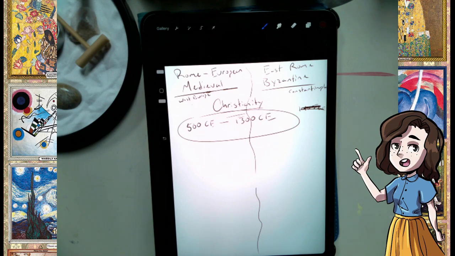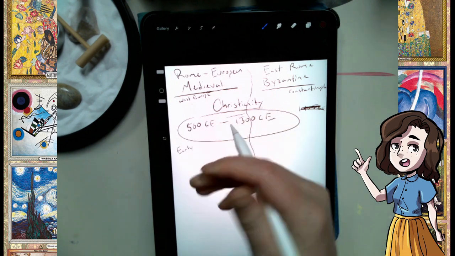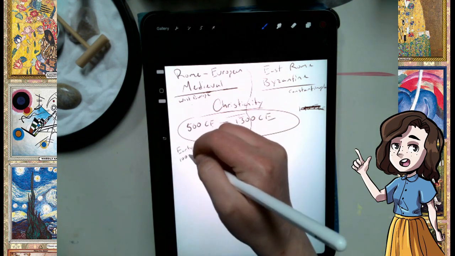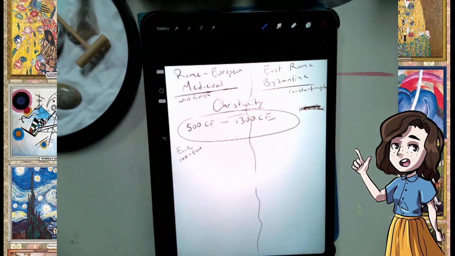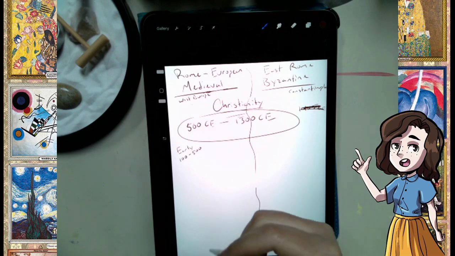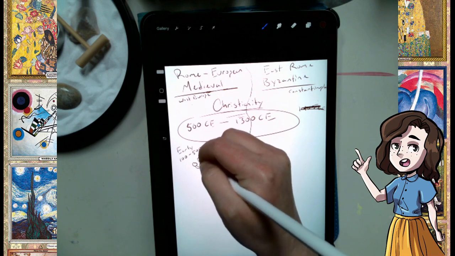So, for example, with some early Christian art, even going back as far as 100 CE, when it is persecuted, we have this sense of Christianity kind of finding itself. So things like Catacomb of Priscilla, where we're seeing them trying to play around with the style of what Christian artwork's going to look like.